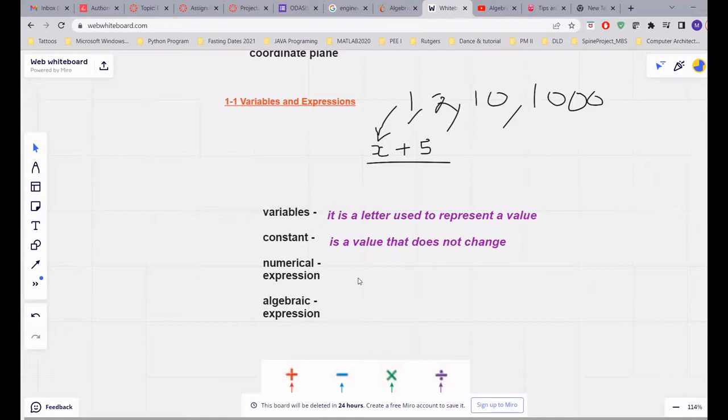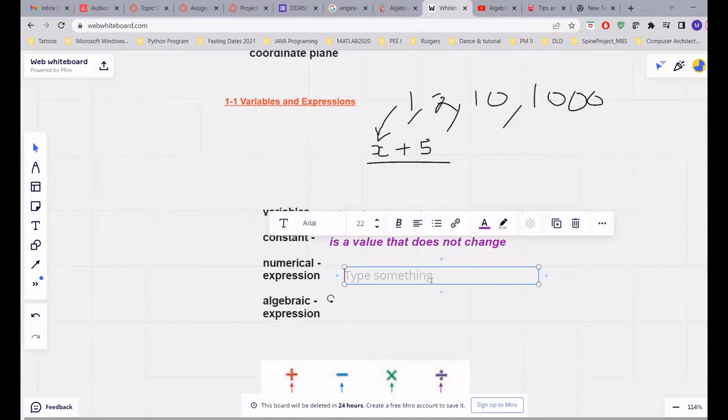Now, what's a numerical expression? Well, it contains only constants or operations. A numerical expression may contain only constants or operations. Now you may ask, what are operations?